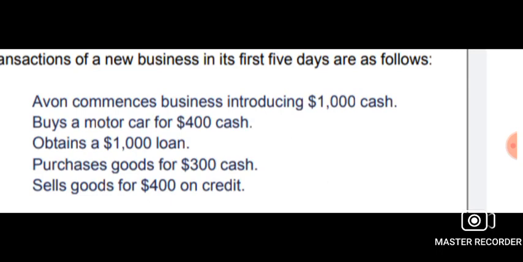When you hear the word goods, then you're creating a purchases account. What if they said purchase motor vehicle? Would you still open a purchases account? No. We only open a purchases account when we hear the word goods. If a non-current asset like motor vehicle or furniture is mentioned, you just open the asset account for that particular item. So here it's purchases and cash.